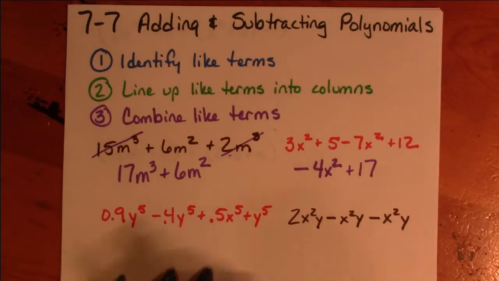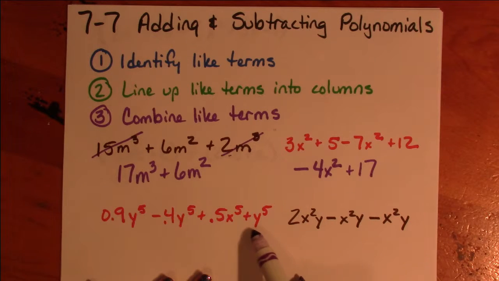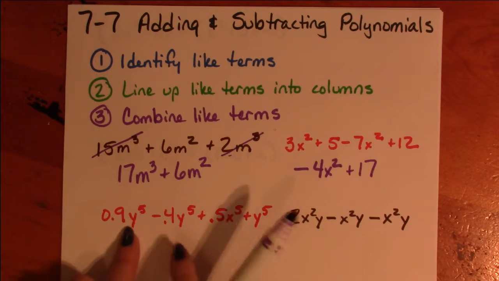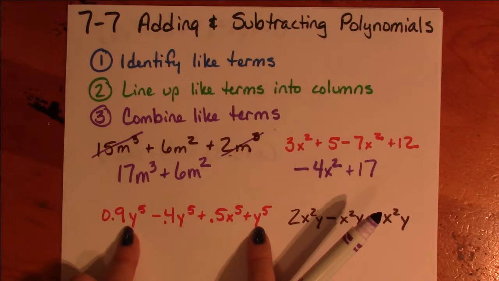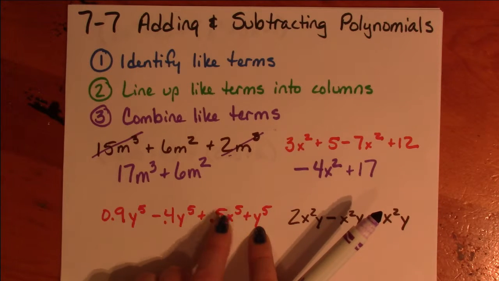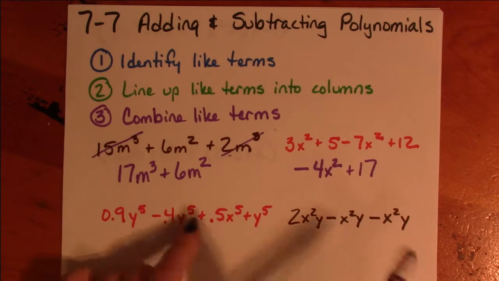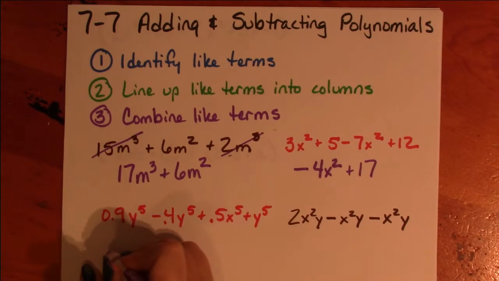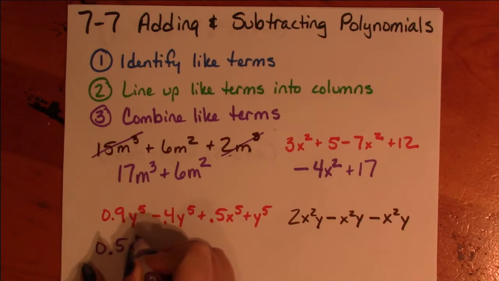Let's try a couple more. 0.9y to the fifth minus 0.4y to the fifth plus 0.5x to the fifth plus y to the fifth. So y and y and y are all to the fifth, so these are all like terms and this is not. So this is going to be separate. And because it comes first alphabetically, we're going to start with it, 0.5x to the fifth.